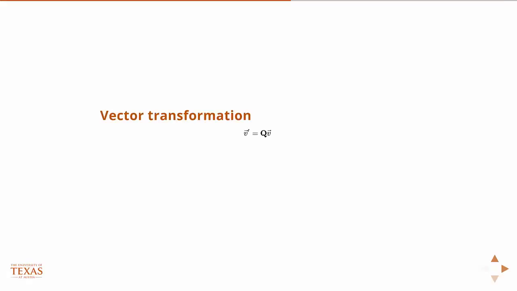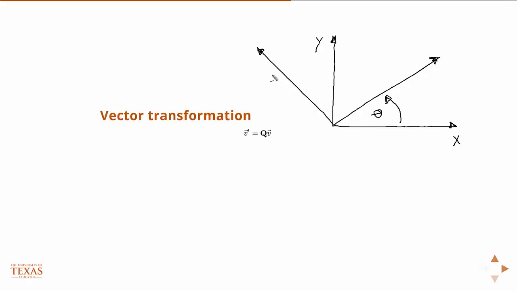So let's talk briefly about how vectors transform. So if I have a coordinate system x and y, and I rotate that coordinate system by some angle theta, so now I have x prime, y prime.